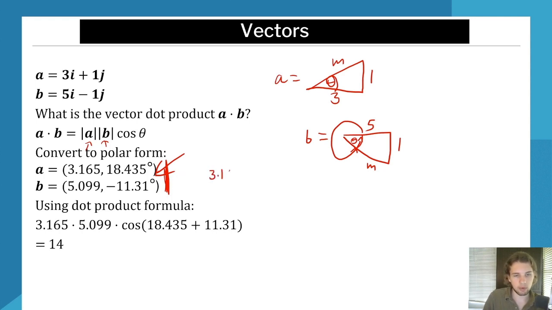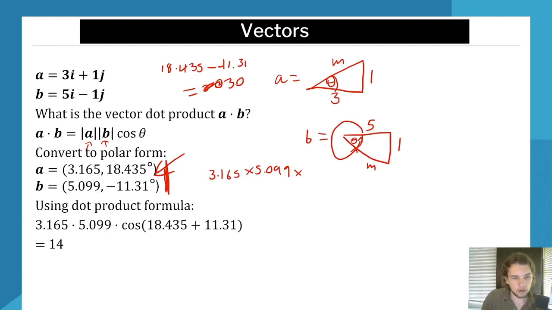We can do 3.65, so that's a magnitude times a magnitude, and then times the difference in angle. So the difference in angle would be the difference between 11.31 and 18.435, that would be 18.435 minus 11.31, which is equal to somewhere around 30.